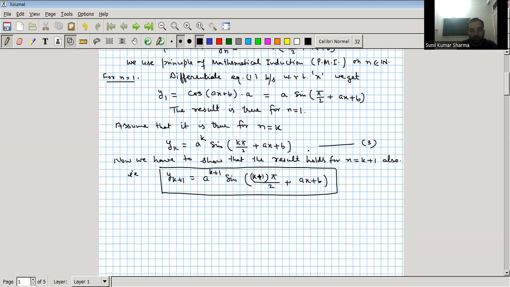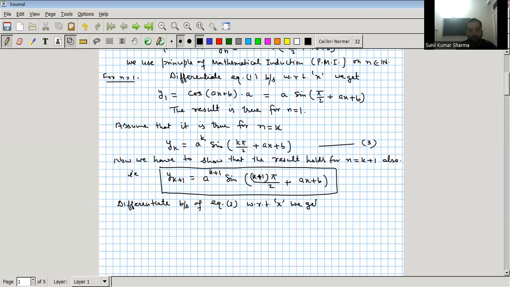So what we do now: how do we find yk plus 1, the (k plus 1)th derivative? We already have yk, the kth derivative, in equation 3. If we differentiate one more time with respect to x, then we get yk plus 1, the (k plus 1)th derivative. So we differentiate equation number 3 once more, both sides with respect to x.